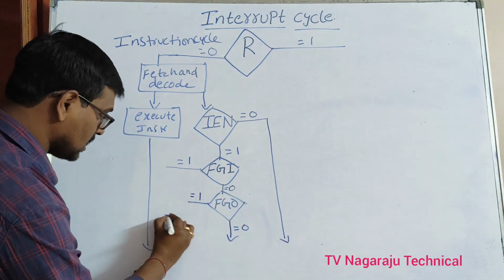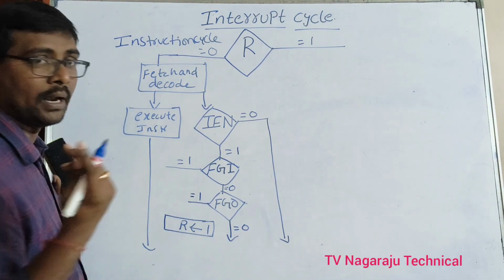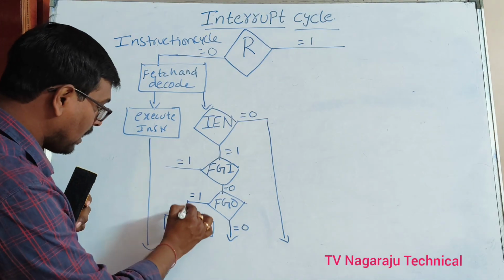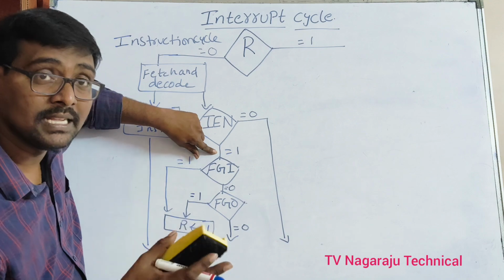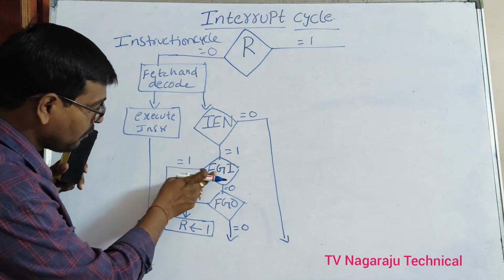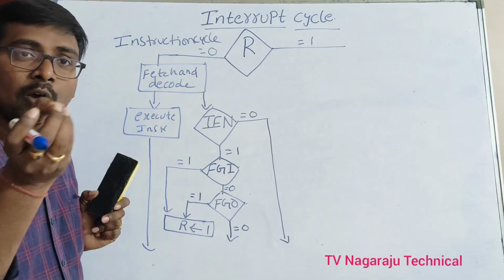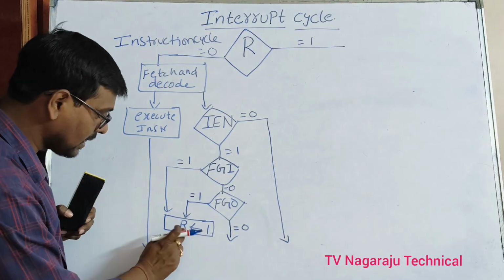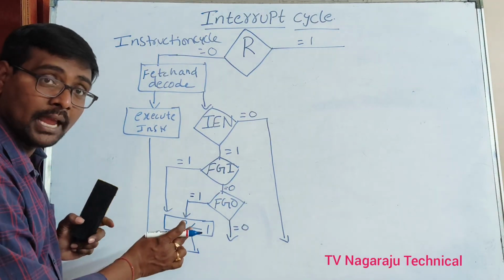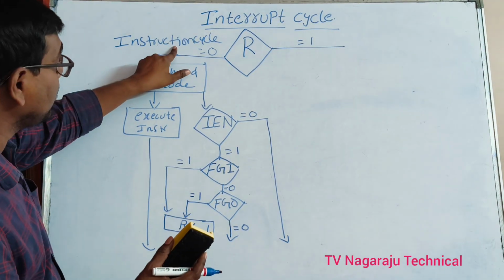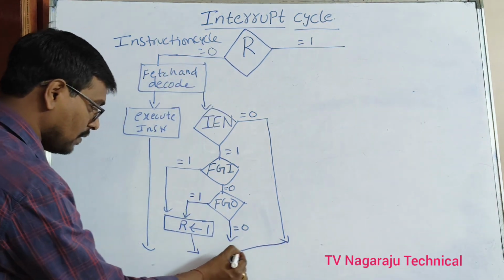In the two cases, what do we do? The R value is changed to 1. Understand carefully: whenever IEN is equal to 1, that is, interrupts are enabled, and either FGI or FGO is set, that is, any input or output device is ready for data transfer, the R value is equal to 1. Instead of the normal instruction cycle, it moves to R is equal to 1. Now I will show you.